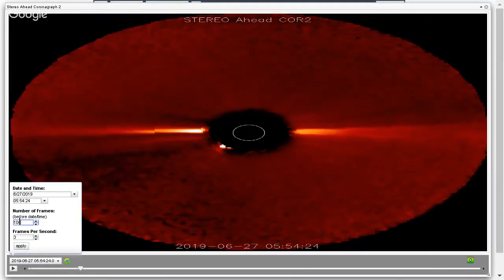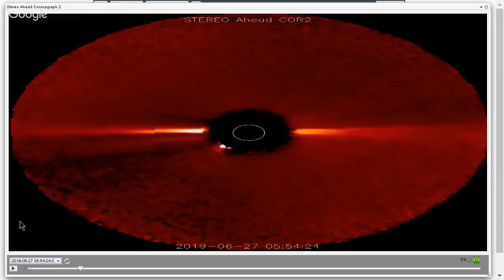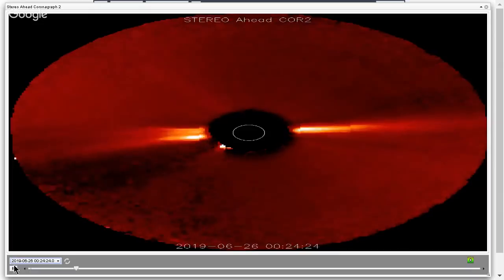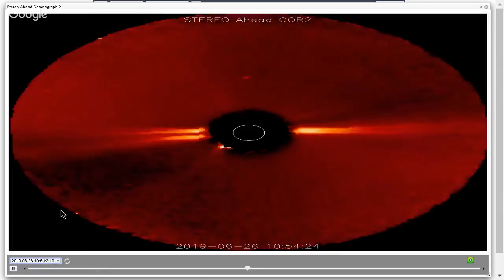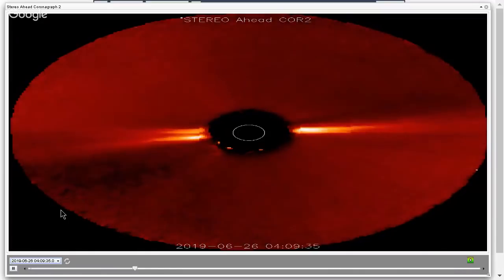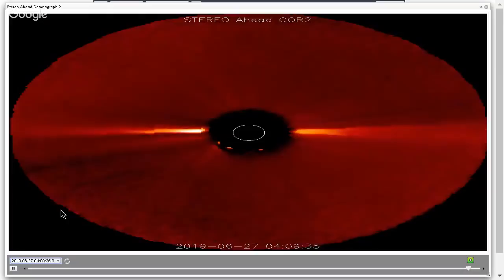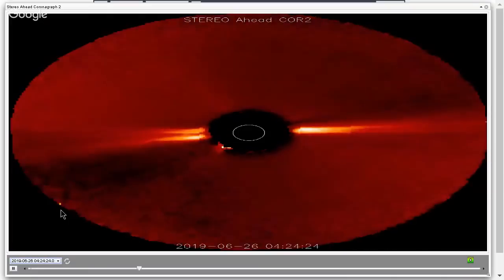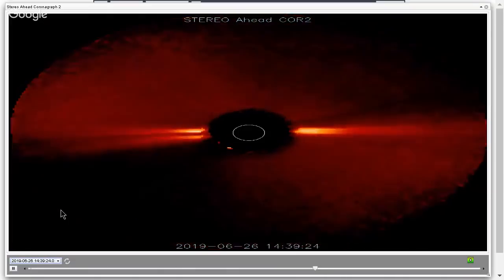So let's expand the view from STEREO A. This is the coronagraph at STEREO A, folks. And we see that plasma plume sticking out that we just looked at on the GONG. As it rotates, it looks like it actually collapsed a bit. So that's interesting.